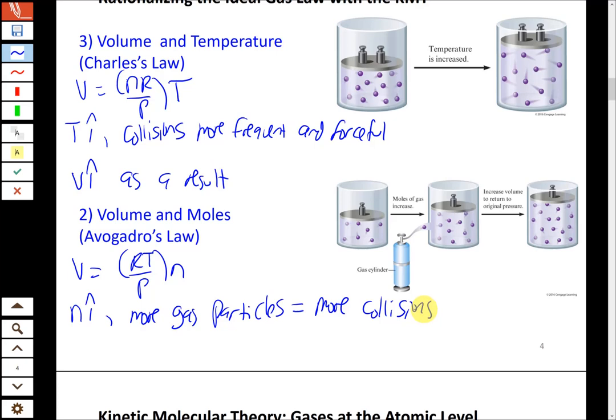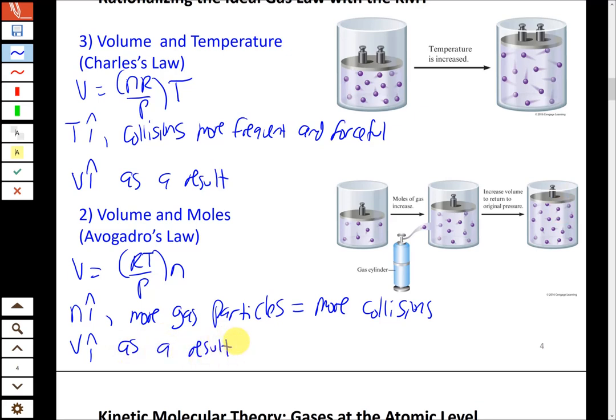So we're not going to have more forceful collisions, but we will still have more frequent collisions because there are more molecules present moving around, so collisions with the wall happen at a more frequent rate. Whenever you have more collisions with the wall, that's one thing that can cause the pressure to increase. And that's going to increase the volume as well, because we're allowing the volume to expand here. If you're pushing on that lid with more frequent collisions, it's going to push it up and you're going to increase the volume as a result.